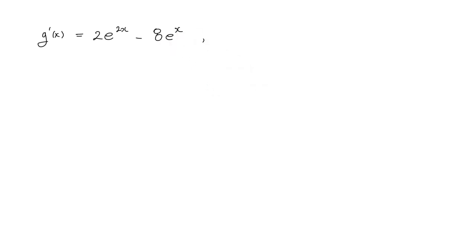And we can factor out 2e to the x from the equation. So 2e to the x, times e to the x minus 4, equals 0.